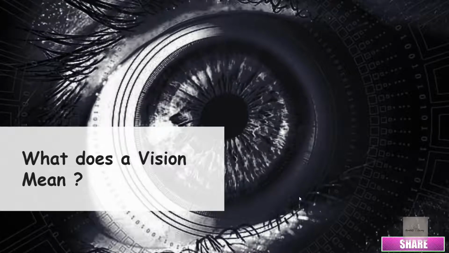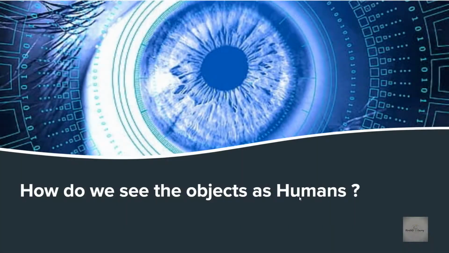To understand this, we have to analyze how we humans, being living beings, see the objects in the outside world. And what I'm going to tell you now is something very basic from high school biology, but we still have to know this so that we can clearly get the idea about computer vision.